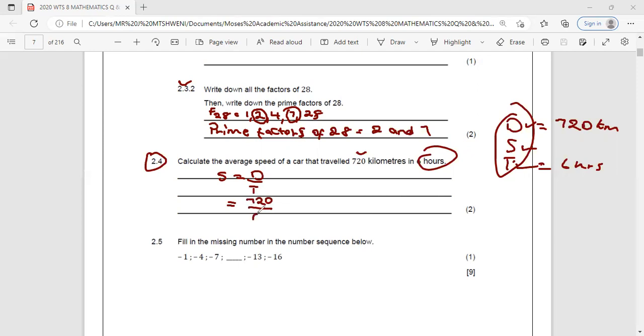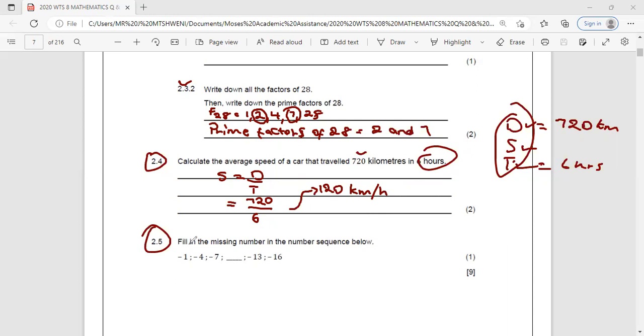What's your time? 6 hours. Continue on this side: 720 divided by 6, you get 120. You don't just put 120. 120 kilometers per what? Per hour. This is the topic whereby you are being taught about distance, speed, and so on.